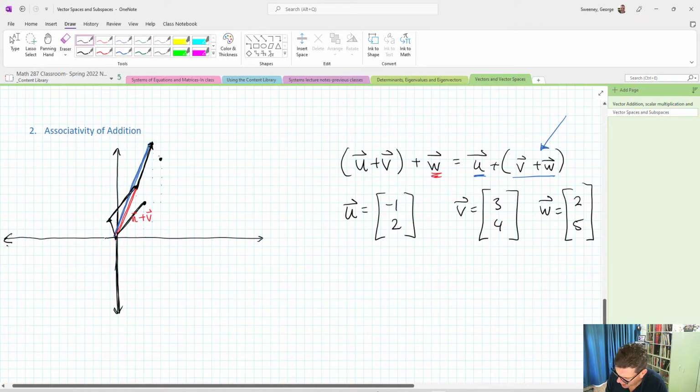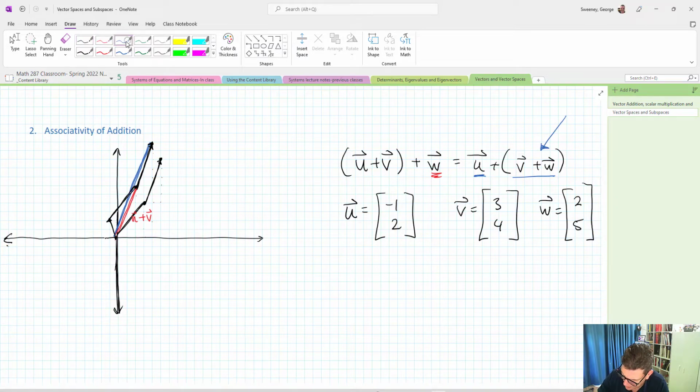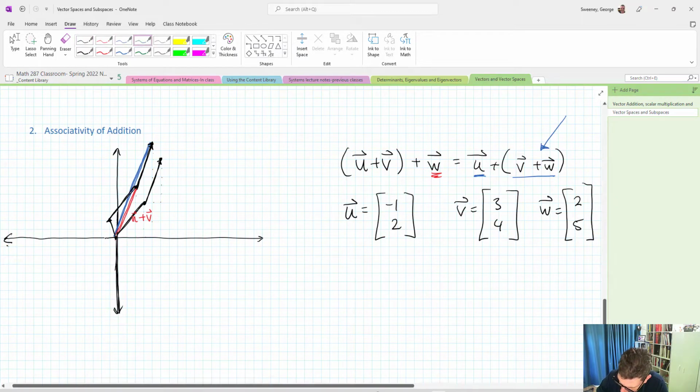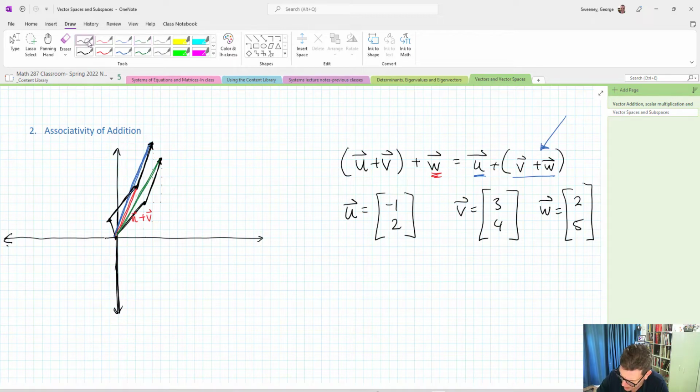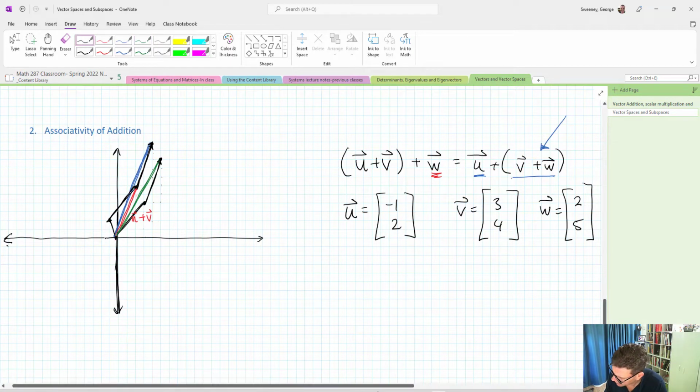And so there's our resulting vector. There's v plus w. We'll write that in green. There's the green one. And then we're going to add u to it. So u is negative 1, 2. There's u.